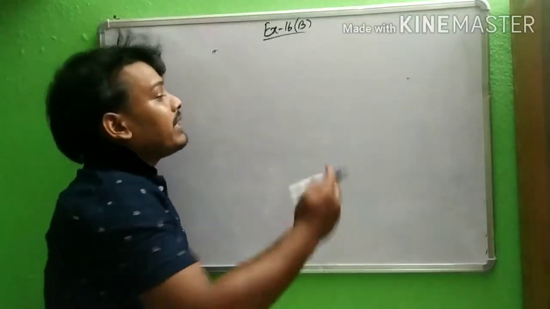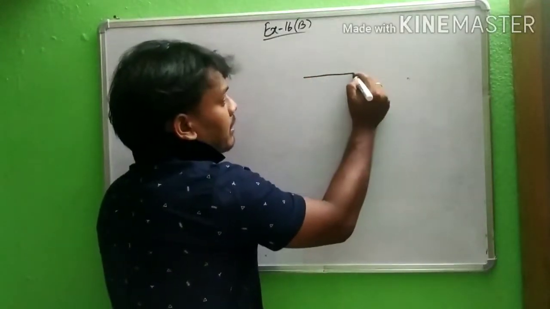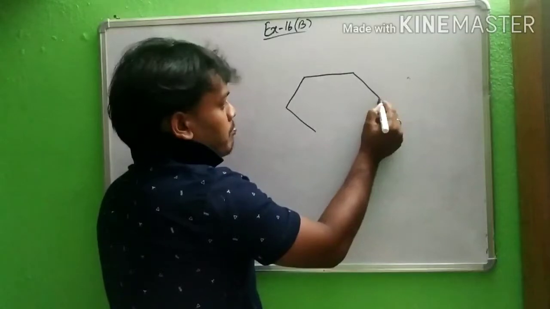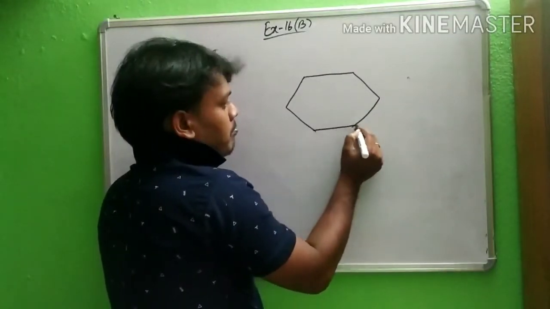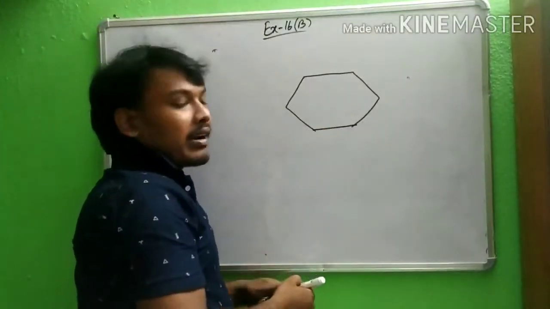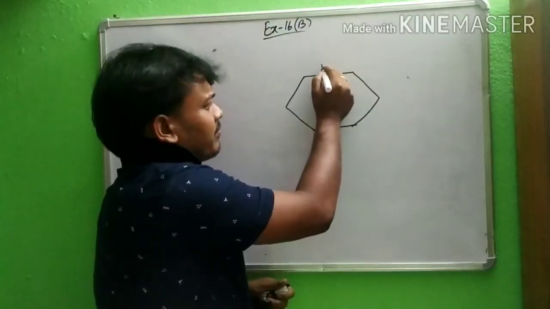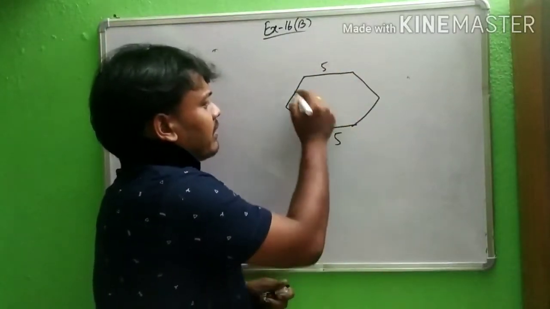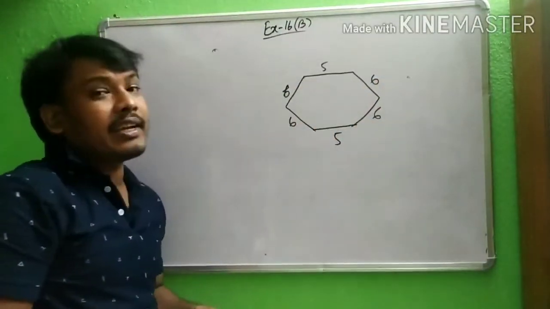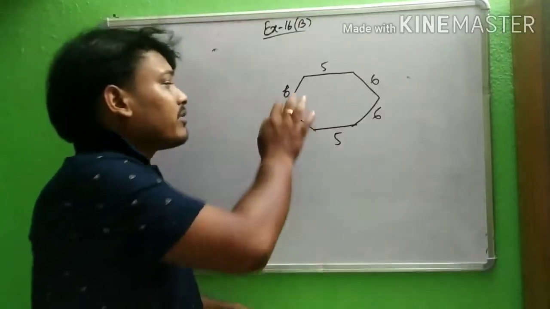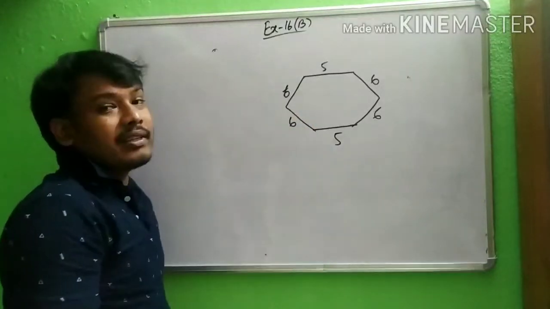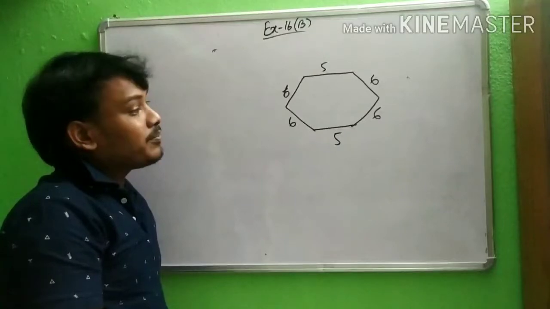For example, if I take any hexagon with sides 5 centimeter, 5 centimeter, 7, 6 centimeter, 6 centimeter, 6, it is a hexagon, but it is not regular, because all sides are not equal. If the question is to find the area of this polygon, how do we find it?